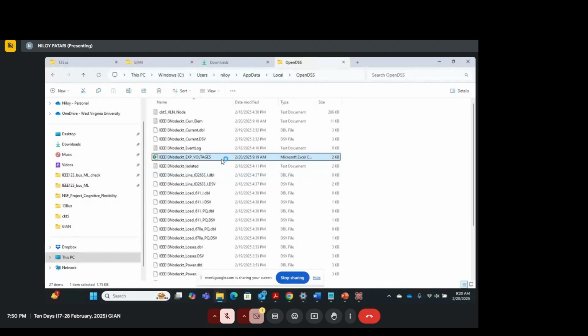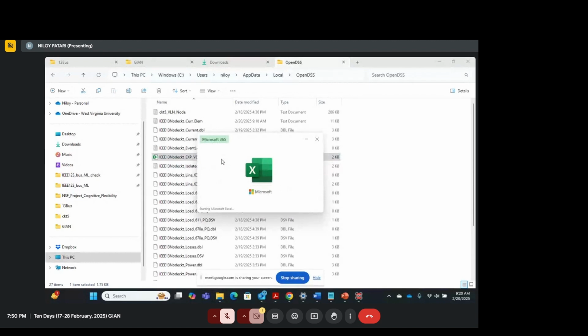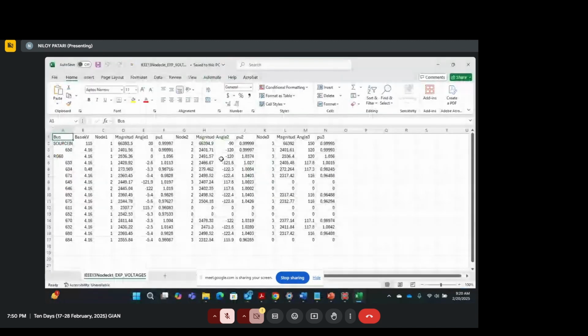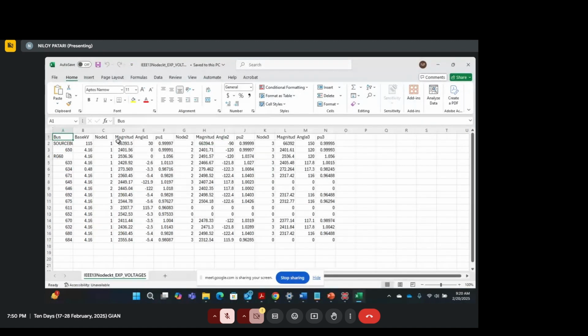So you can export voltages, currents, powers in a CSV file. Once you export this particular file, you see that it shows magnitude, angle, per unit values, and everything.